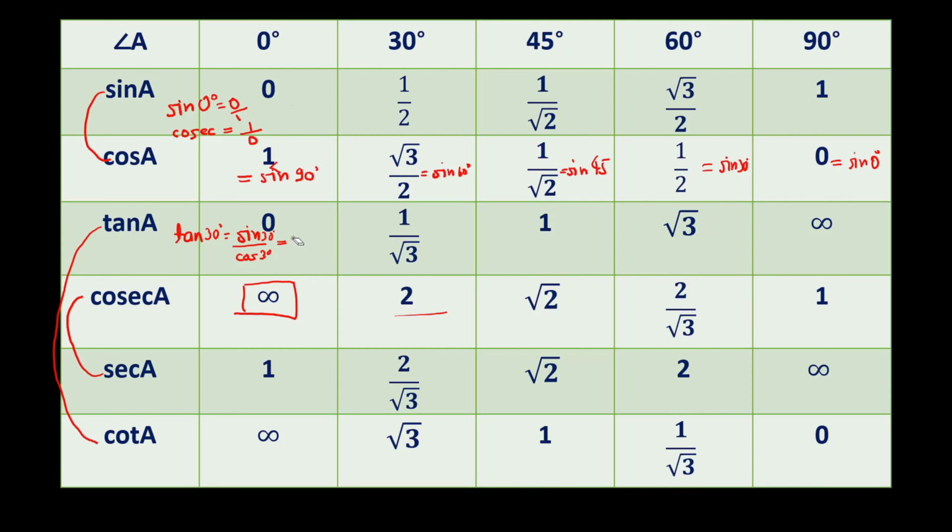So sine 30's value is 1 by 2 upon cos 30's value is root 3 by 2. 2 cancel out, and what it comes out as 1 by root 3, which you can see here is the proof. Now you can find all the trigonometric tables just by remembering only sine's value up to 90 degree.